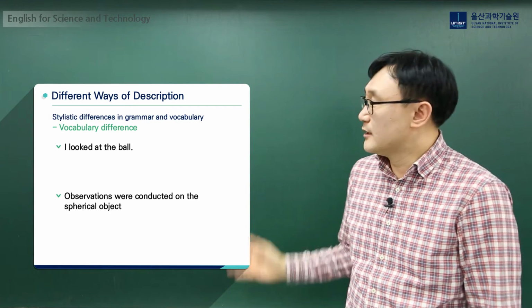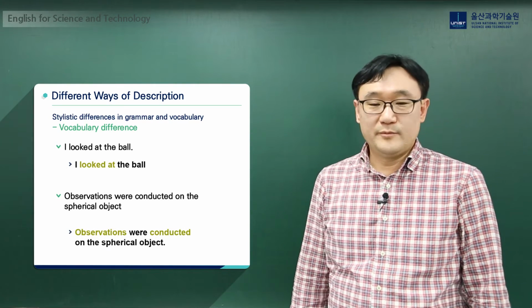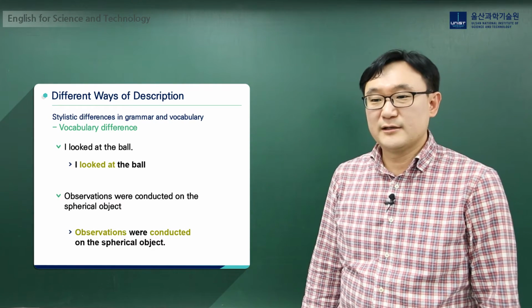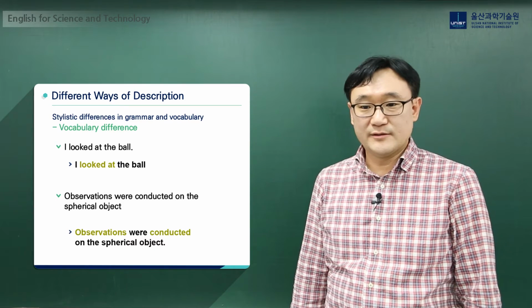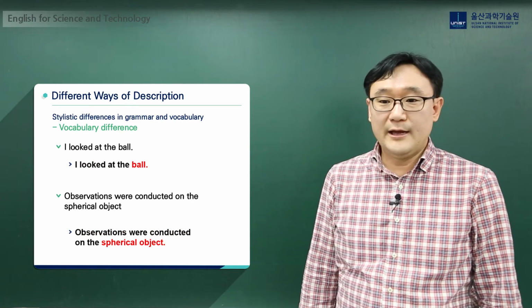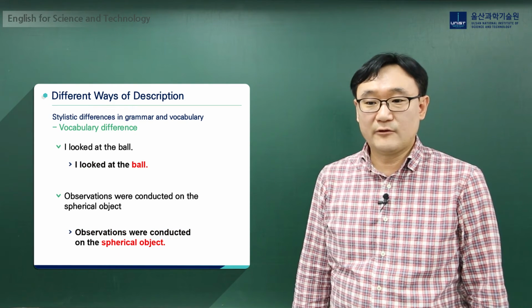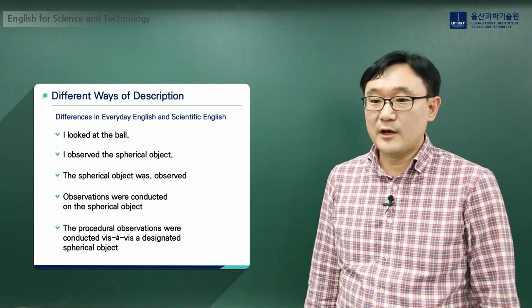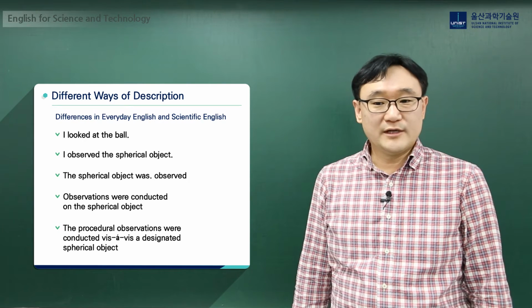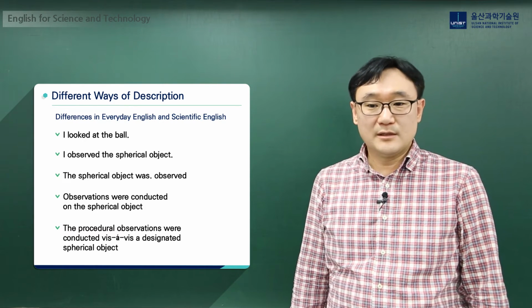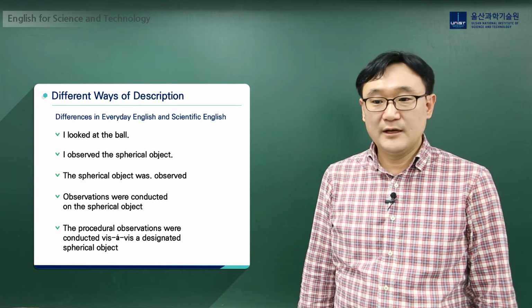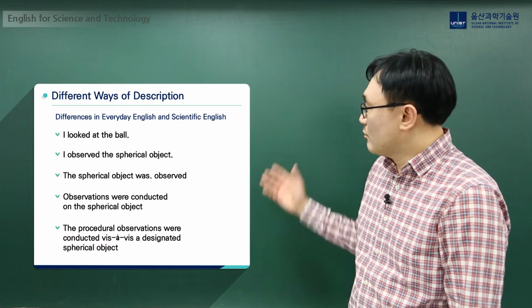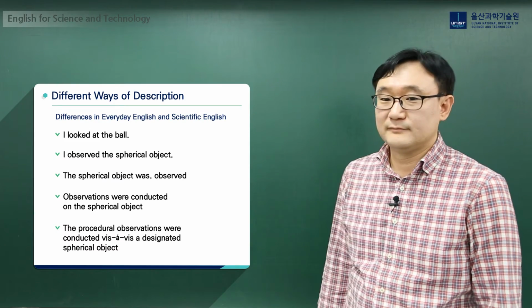For example, here the verb look at and conduct observations, the ball and the designated spherical object. So as you read these sentences one by one, words sound more technical or scientific, and the grammar gets more complicated.